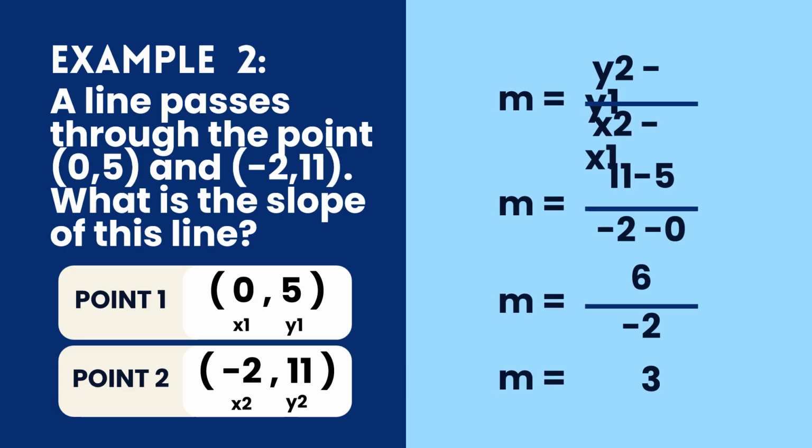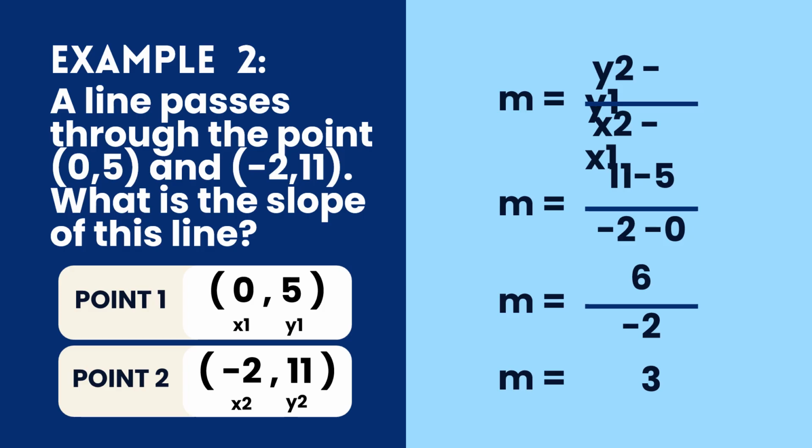Now let's try another one. Here we have point 1 as (0, 5), and point 2 is (negative 2, 11). So let's plug these into our formula. We have y2 minus y1, so on top we have 11 minus 5. Then we have x2 minus x1, so on bottom we have negative 2 minus 0.